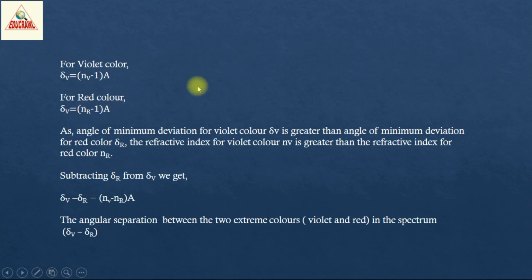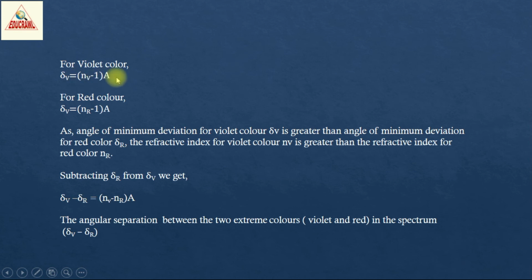As the angle of minimum deviation for violet color, del V, is greater than del R, we find the subtraction of del R from del V. So del V minus del R: you have to subtract these two expressions. Before subtracting, take A inside the bracket, follow my pointer.